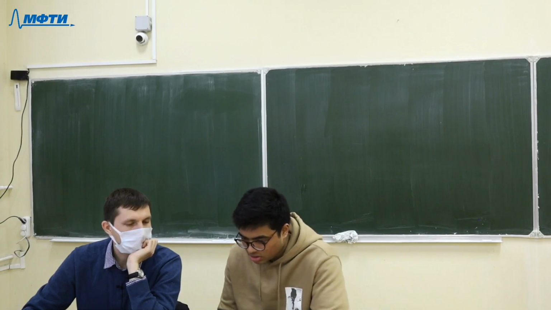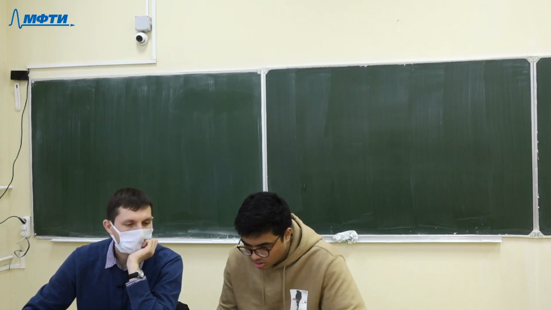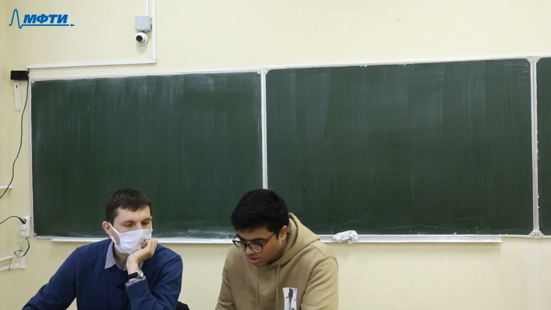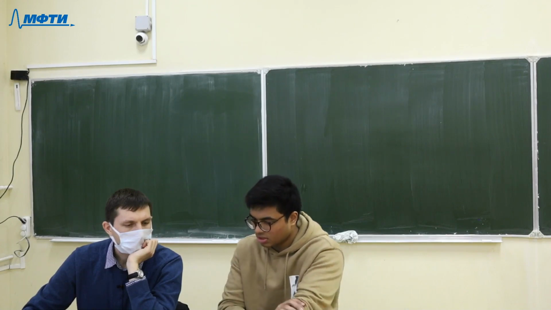Did you fix it? Yes. And what did you fix? First it was NP minus NP minus, now I just use NP minus 1. I just experimented with this, and it worked.